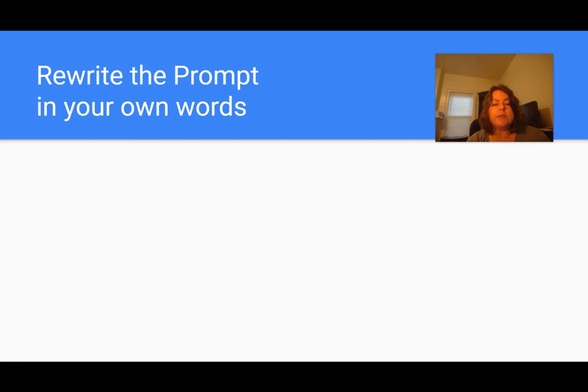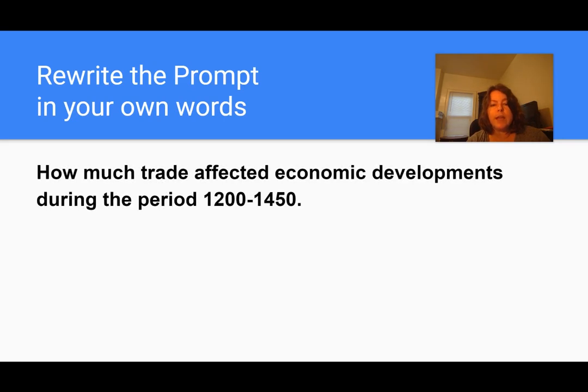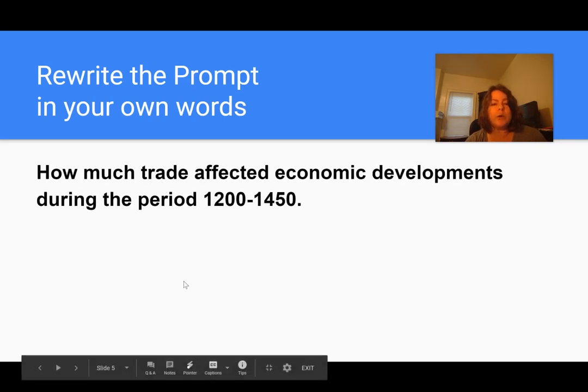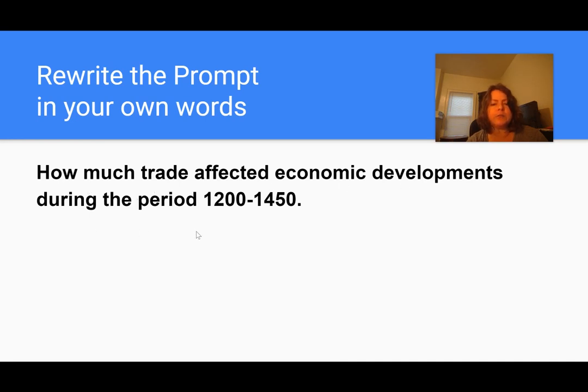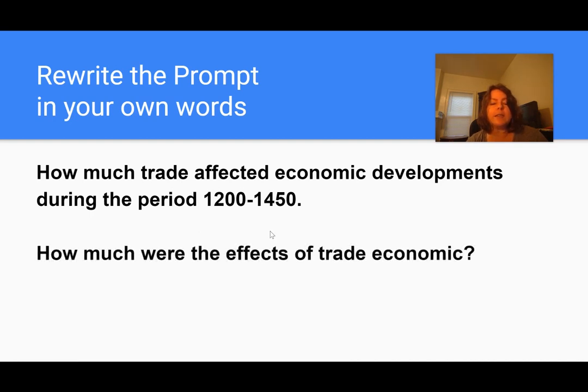Now we need to rewrite this in our own words, because I don't really like the wording. So, how much trade affected economic developments during the period. How can I say this in my own words, capturing the meaning of what this prompt wants me to do? Well, I'm asking, how much were the effects of trade economic?